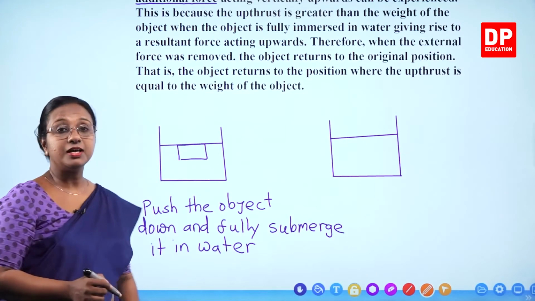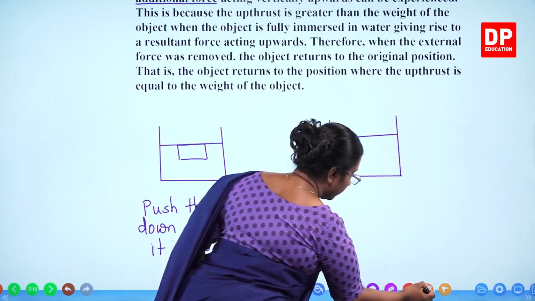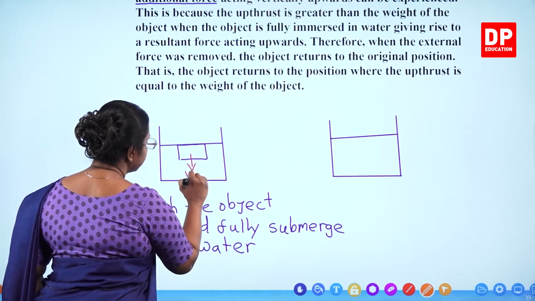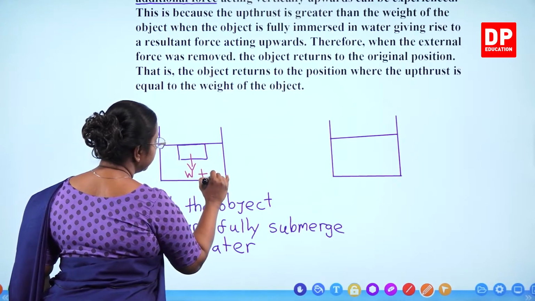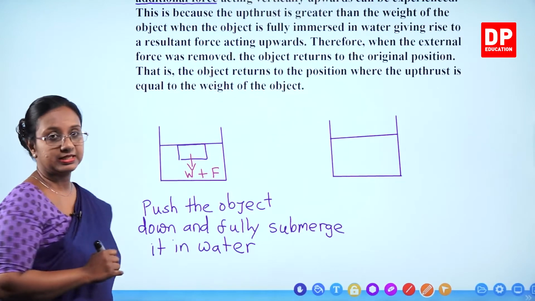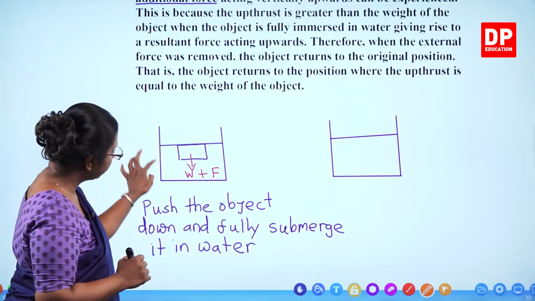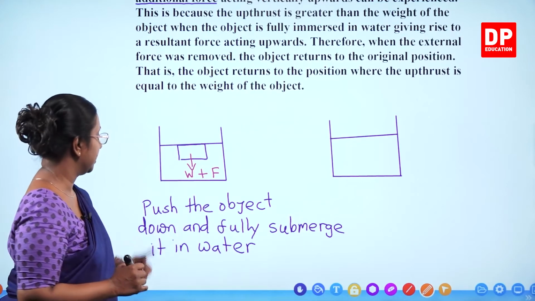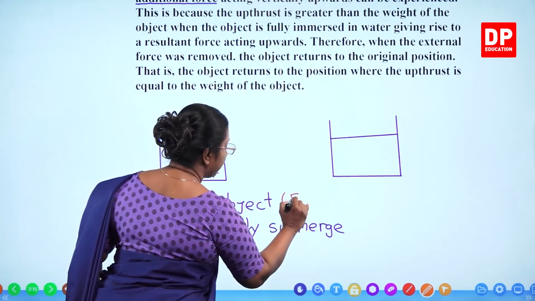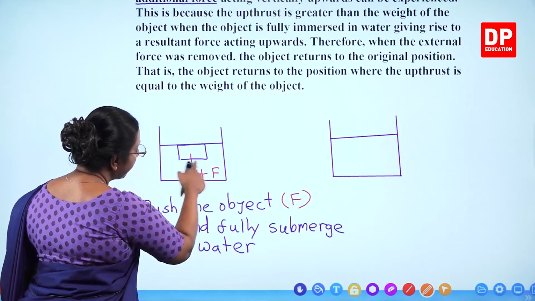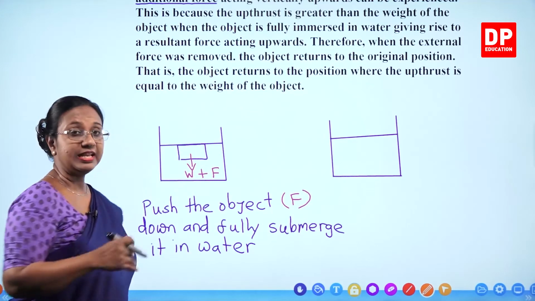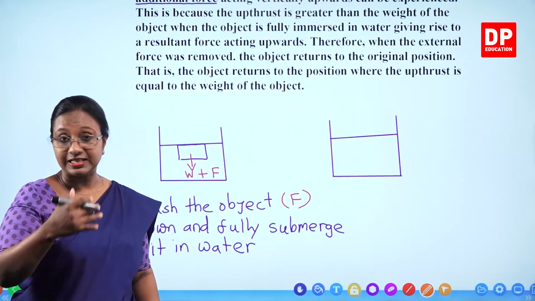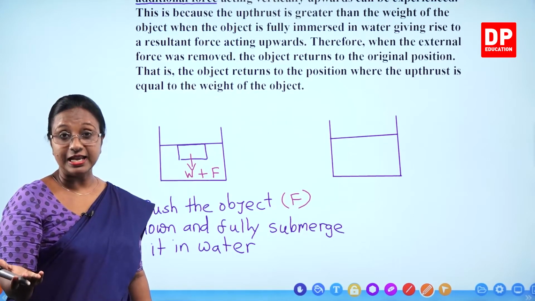So here what are the forces acting? Now let's say there is the weight plus the force that we exert, that is the push. Already the weight of the object is acting downwards and we push the object down. So push means we apply the force F. So downwards there are two forces, weight and force. You all know when there are more than one forces acting in the same direction, they get added up.